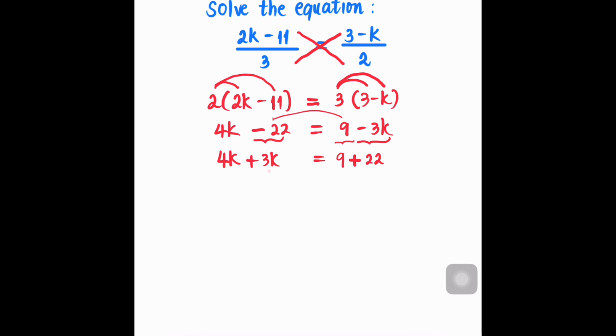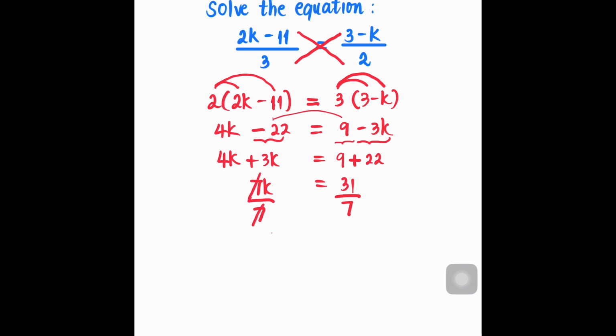So we can continue simplifying. 4k plus 3k gives us 7k equals 9 plus 22 is 31. And from here, applying the division property of equality, by dividing both sides of the equation by 7. 7 divided by 7 is 1.